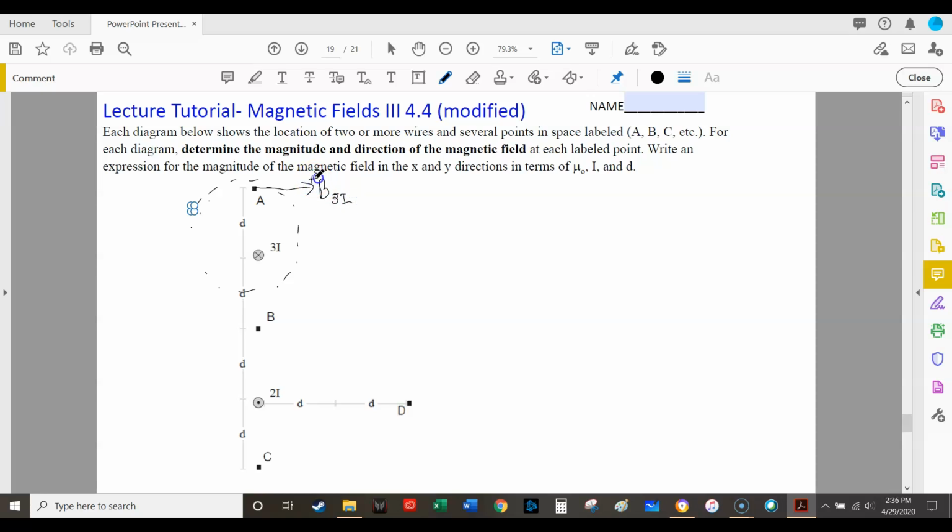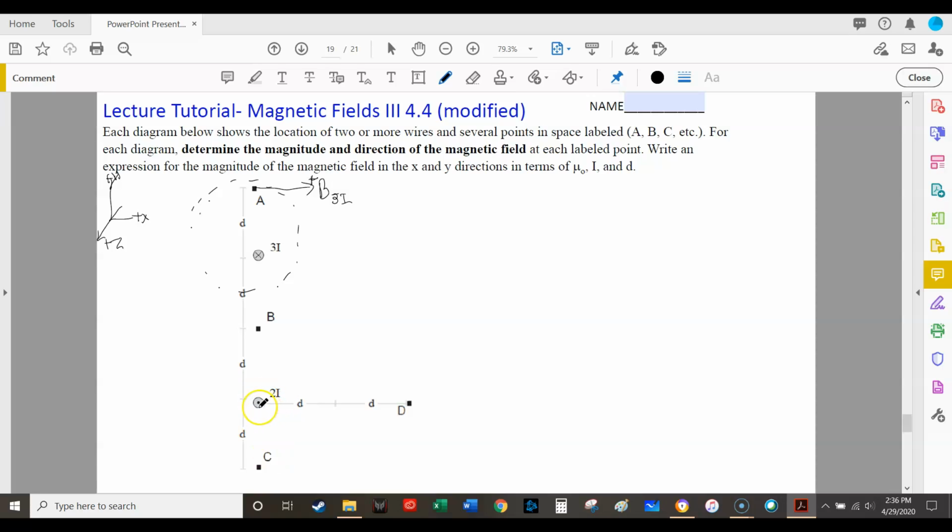So the x direction is going to be to the right, the positive y direction is going to be up, and out of the page is going to be the positive z direction. Okay? All right. So that's my coordinate system, and that's my magnetic field pointed in the positive x direction.